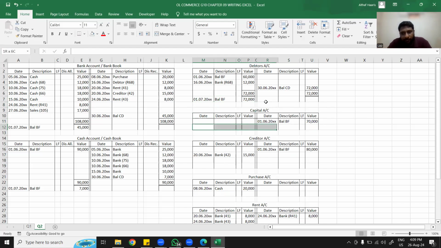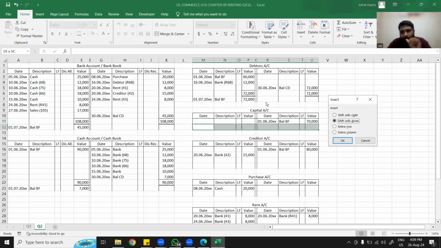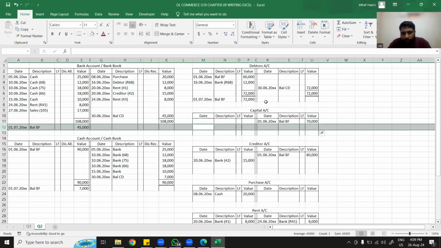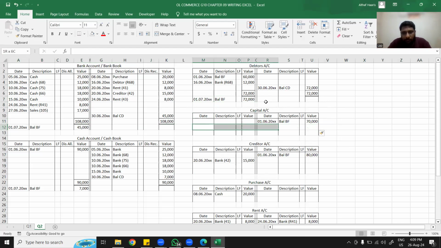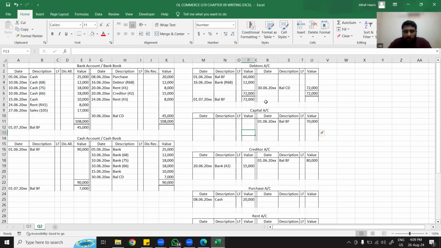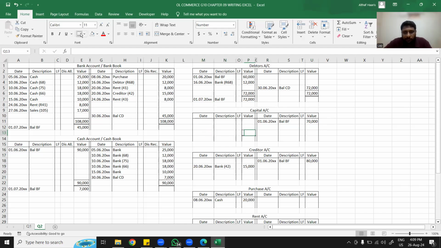Only initial transaction is there. Balance CD, balance BF.